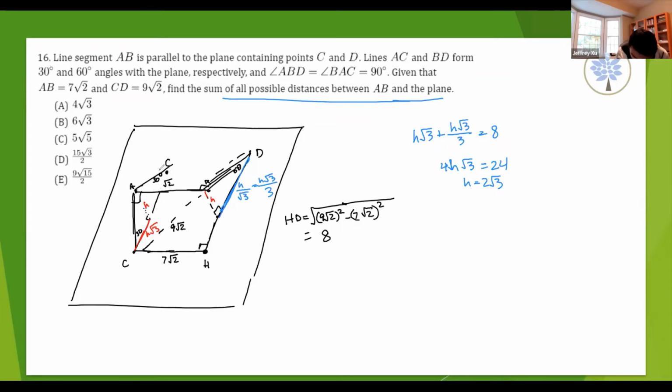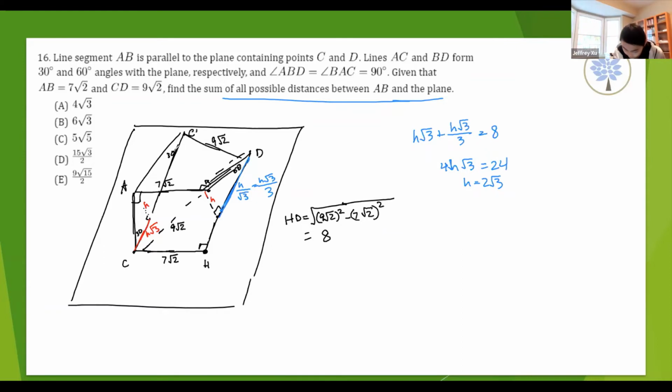And I know my diagram is bad, and AC should actually be longer than BD. So it'll look something like this. And here we still have CD equals 9 root 2, if we can imagine.